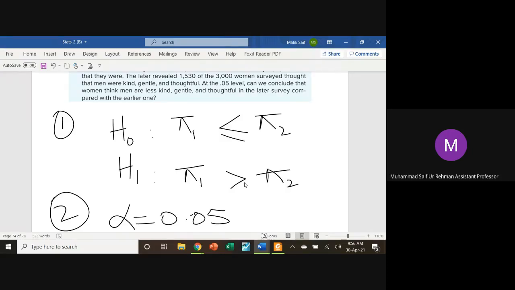In the second survey, women have replied that men are less kind, gentle, and thoughtful. Whereas in the first survey, they were saying that they are kind, gentle, and thoughtful. So comparatively, in the second survey, the reply was not in favor of men.